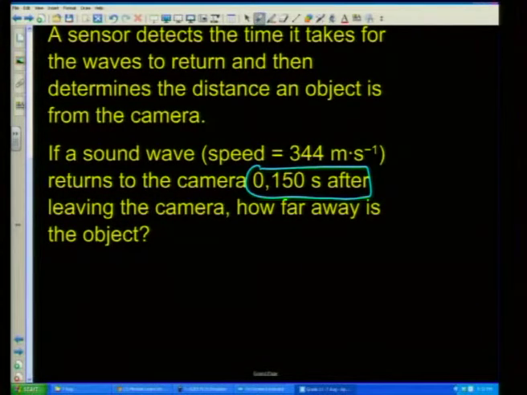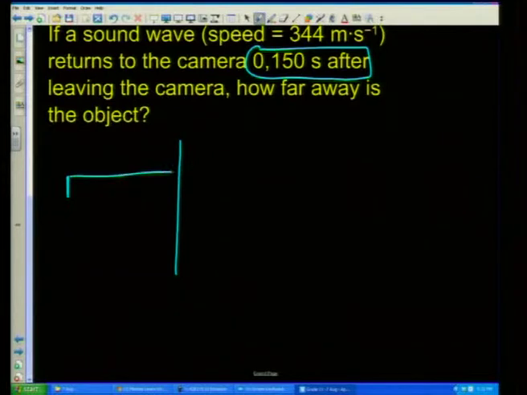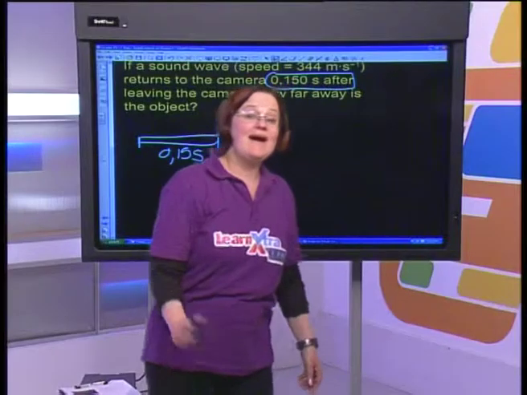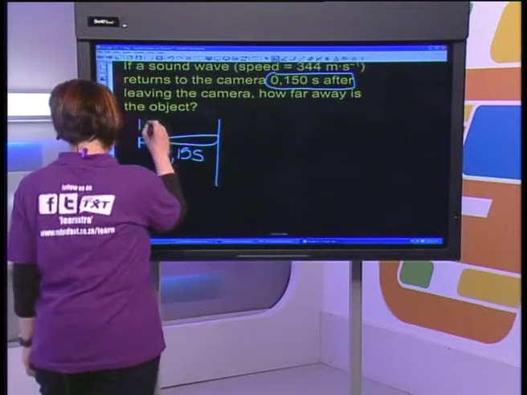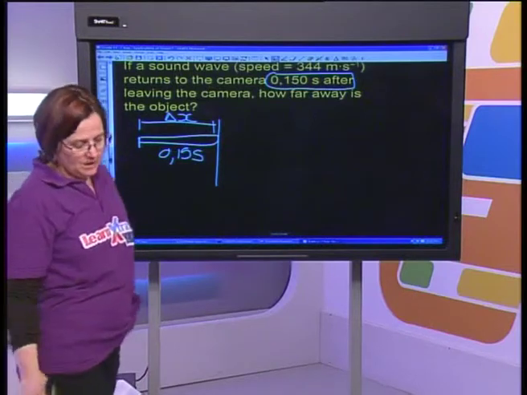This is what's happening. My camera is over here. The object is over here. The sound goes from the camera and comes back to the camera in 0.15 seconds. They want to know how far the object is from the camera.